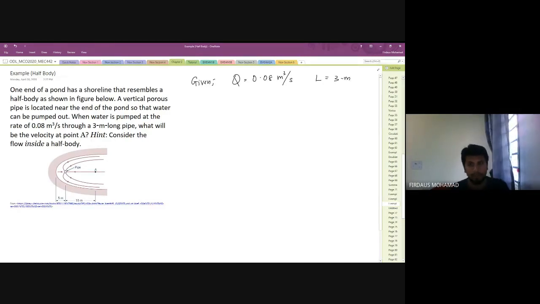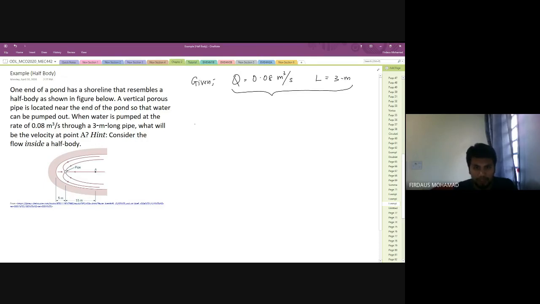Basically from this volume flow rate, we can determine the strength of a source or sink. If you remember that for the source and sink, to determine the flow rate, it is flow rate per unit length.